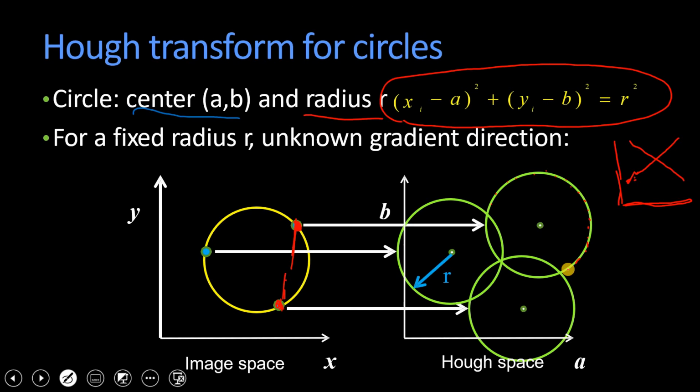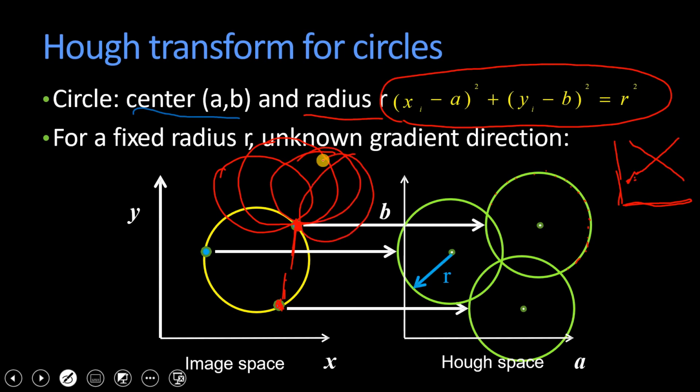And all these circles pass through this location. Maybe there is one circle like this, another one like this. All of them must share this point somewhere. That's the theory. So for one point I have one circle. Similarly, there is another point and it will have another circle.